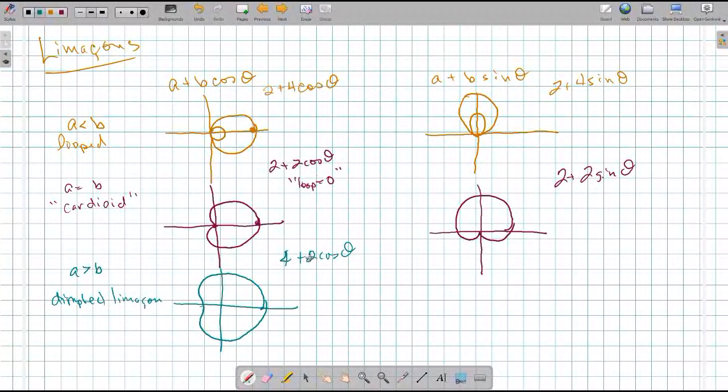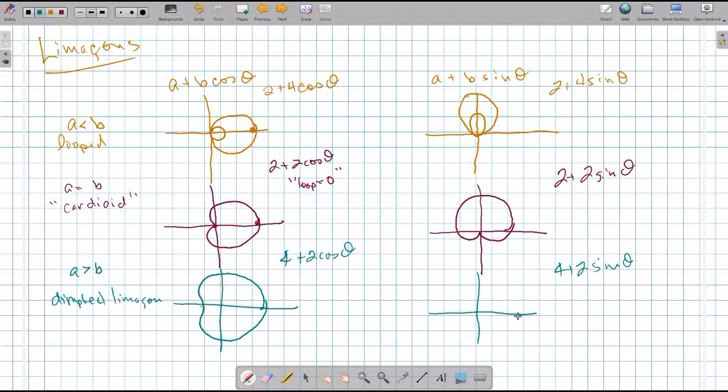In reality, it's 2 minus 4, or negative 2 units in this direction, which gets reflected backwards. And I'm going to see the exact same thing when I'm dealing with 4 plus 2 sine theta.